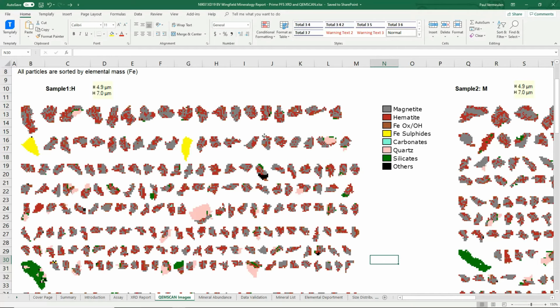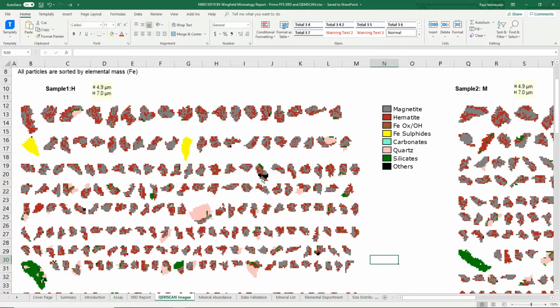There's some Fe sulfides, let's call it pyrite for now, and quartz is this pinkish color, and there are some silicates in green, and it's supposed to be some carbonates and others black. Now find me the carbonates, the blue color. Can you see any? I can't see any.